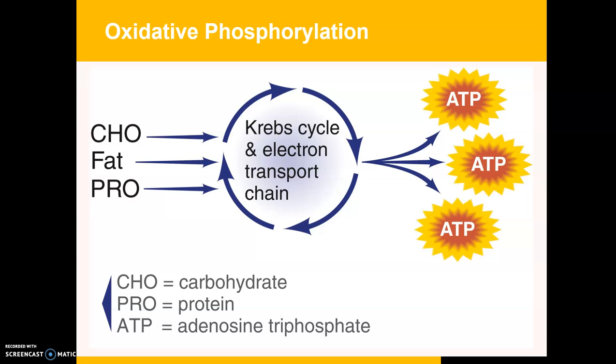Its primary function is to oxidize, or remove electrons from, the compounds produced from the breakdown of carbohydrates, fats and protein. The electrons removed in the Krebs cycle are used in the final phase, the electron transport chain. These electrons are passed through a series of chemical reactions which release energy to rephosphorylate ADP into ATP. As the electrons pass through the electron transport chain, the final electron acceptor is oxygen, which makes this the aerobic energy system.